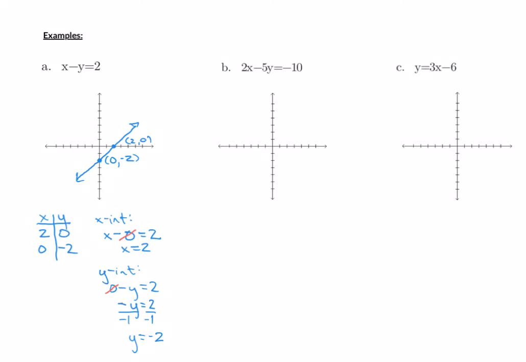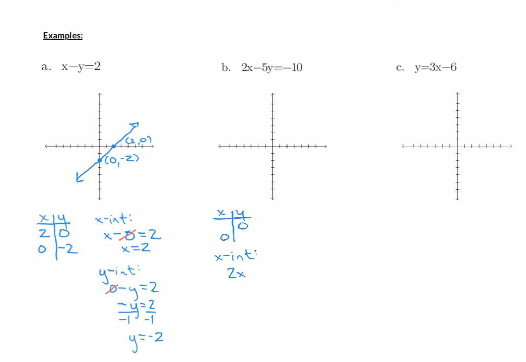All right, let's go ahead and look at example B. For example B, we're going to go ahead and do the same thing. We want to plug in 0 for each one of our variables. For our x-intercept, we're going to start by plugging in 0 for y.